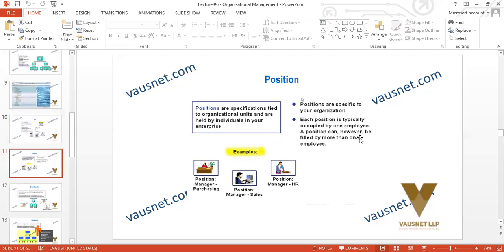And the position is occupied by a person, like a manager purchasing, manager sales, and these are specific. Every department will have its own specific standard SOPs, and those positions and SOPs will be executed by persons.